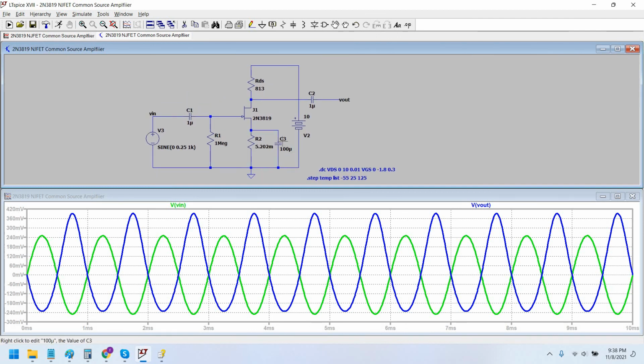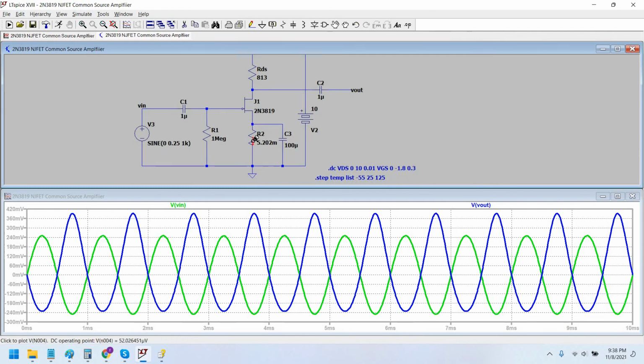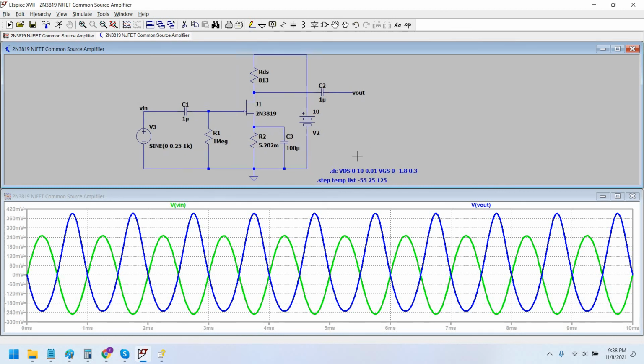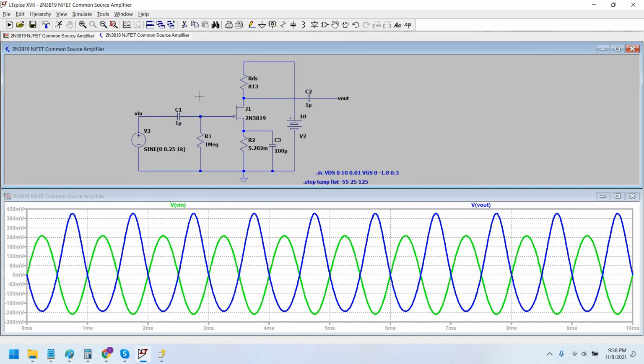For AC signal, this capacitor would act as a short circuit, and this resistor, when in parallel with this short circuit, would also become short, and hence there would be no drop of the signal across this resistor. While in DC, this capacitor would be open, and this resistor would work as a biasing source of this gate. Therefore now let's see what happens.